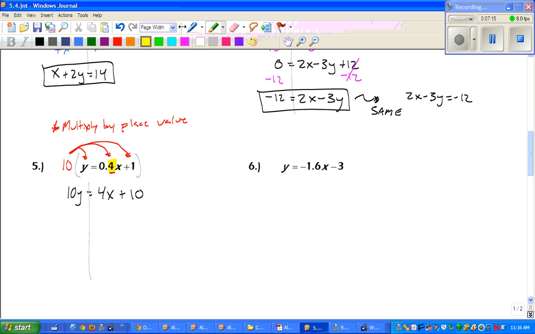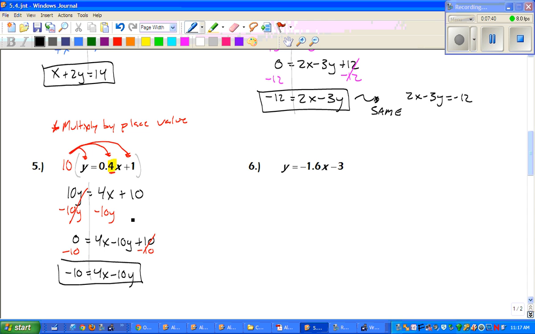X is positive, so I'm going to move the y. Subtract 10y to both sides. 0 equals 4x minus 10y plus 10. Subtract the 10 to both sides, and we get negative 10 equals 4x minus 10y.